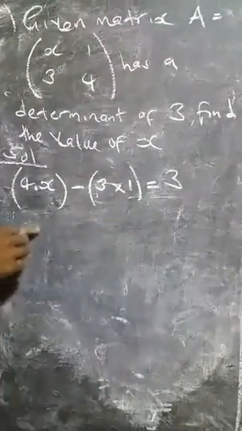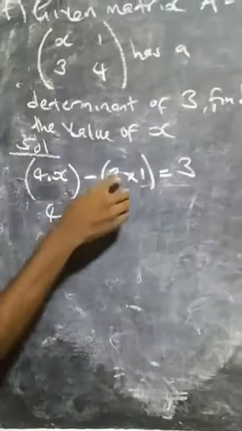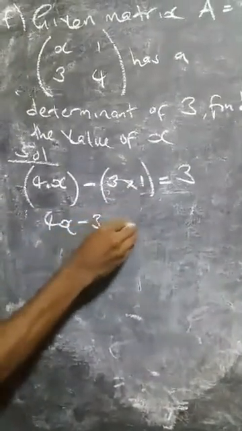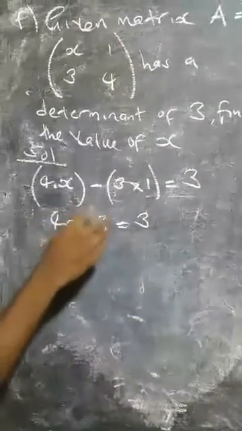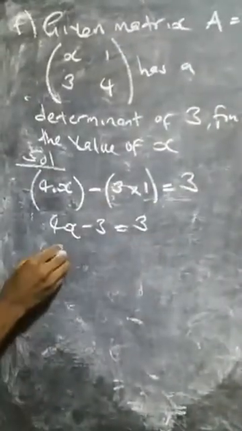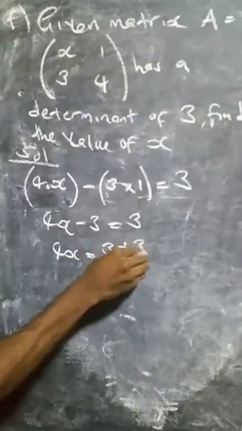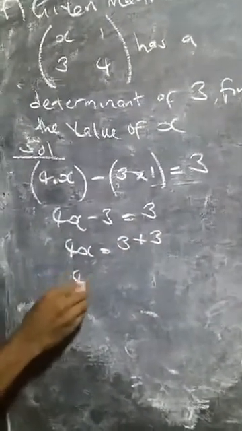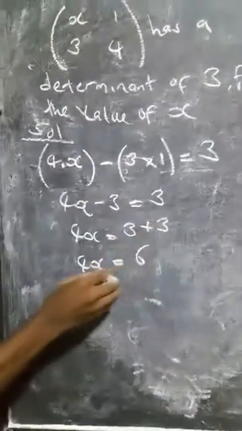So what do we now have? 4 by x, that's just 4x. 3 by 1, that's just minus 3, is equal to 3. 3 crosses to the other side, it becomes positive, so it's 3 plus 3. So 4x is equal to 3 plus 3, that's 6.